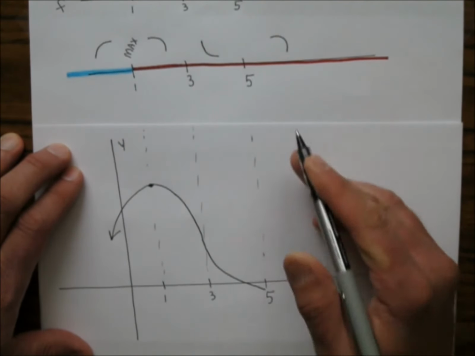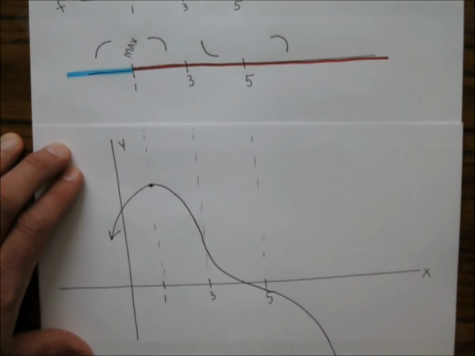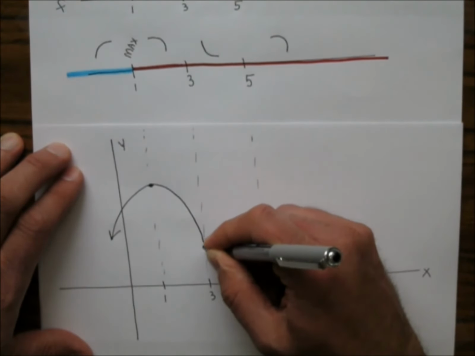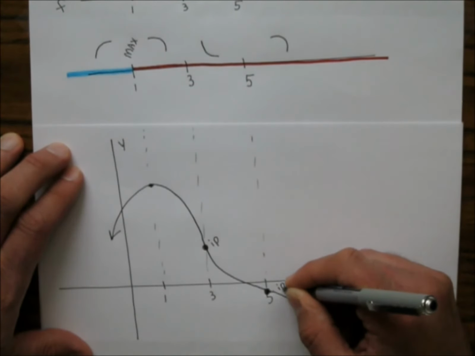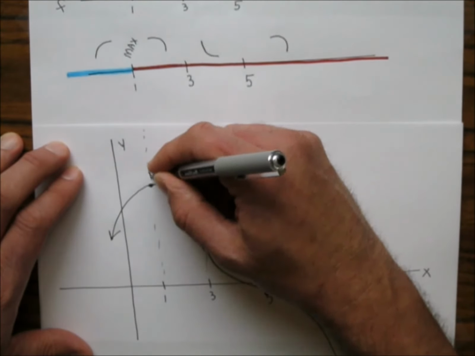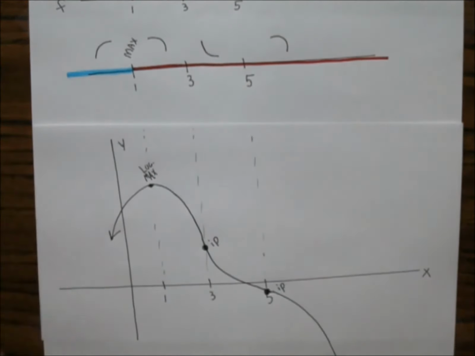But then at 5, and I'm always decreasing, I'm going to change it back to concave down. These points right here, this guy and this guy, these are inflection points. And then this guy right here is a local max.